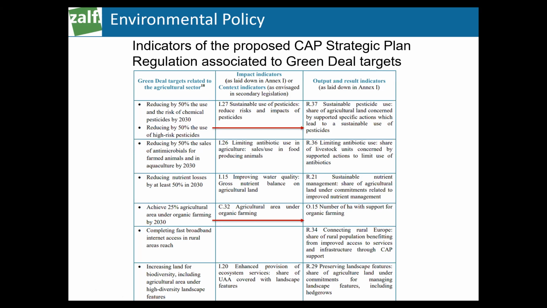And this output and result indicator is exactly part of the rural priority areas in the rural program or in the eco scheme. That means the member states and state levels have to tailor their programs to match with these overall guiding objectives at EU level.